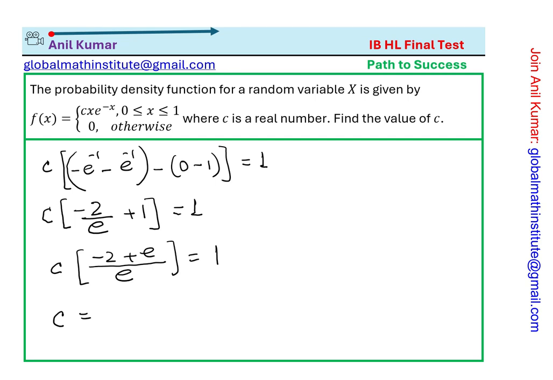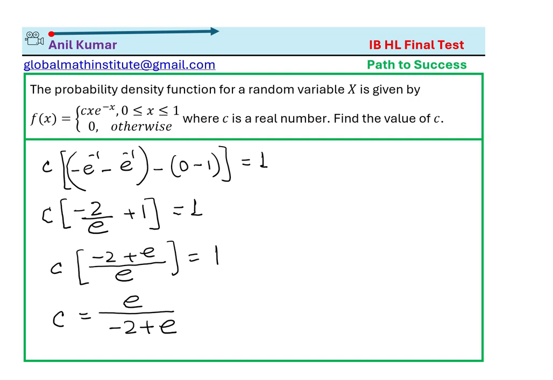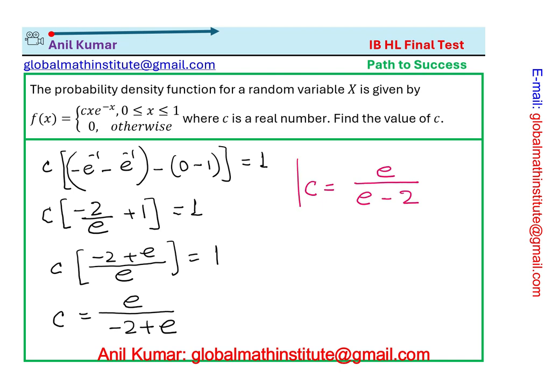So you get c equals e over minus 2 plus e. That becomes the value for c. And so we can rewrite this as c equals e over e minus 2. Make sense?